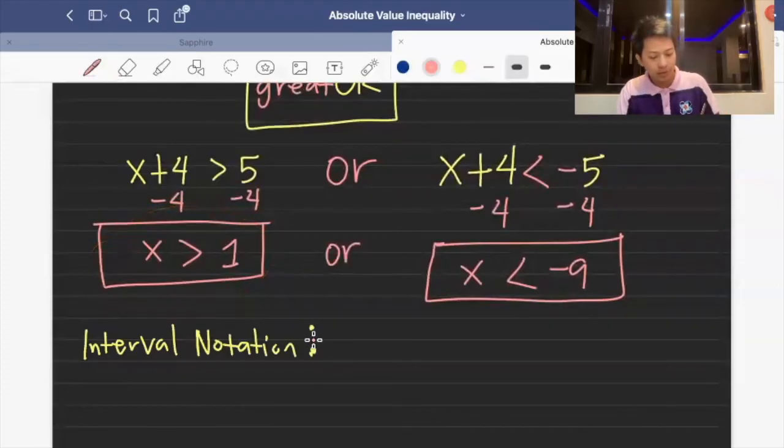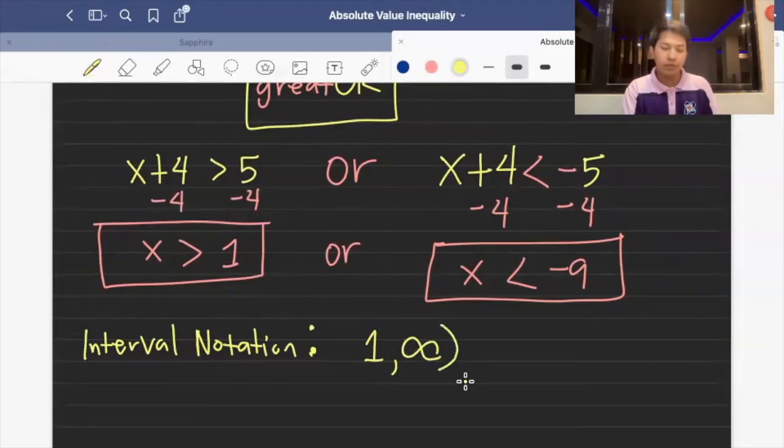Since it's greater than 1, from 1 up to positive infinity, right? And then let's enclose that with parentheses. And since it's greater than 1, we're also going to enclose 1 by a parenthesis. It means 1 is not included in the solution set.